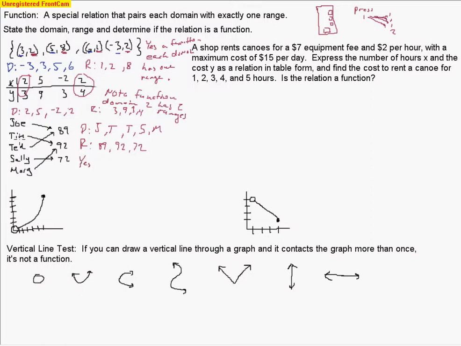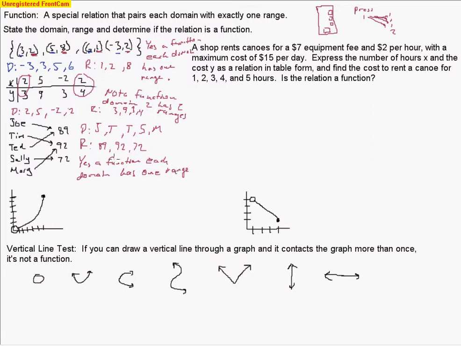We didn't have 2 people taking the test. If these were test scores here, we didn't have 2 Marys, or Mary didn't take it twice, we should say. So yes, a function, and it's a function because each domain has one range.